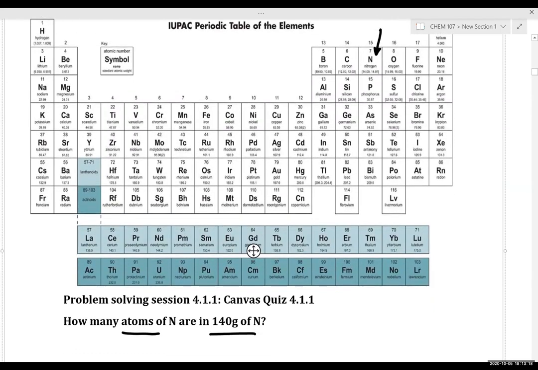Let's work on this problem for about 3 to 4 minutes, and then we'll discuss.